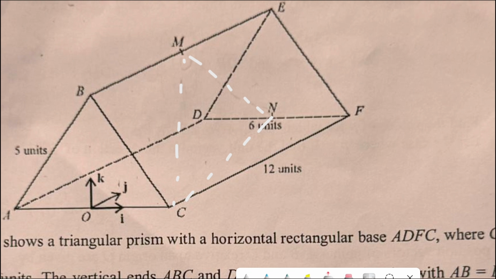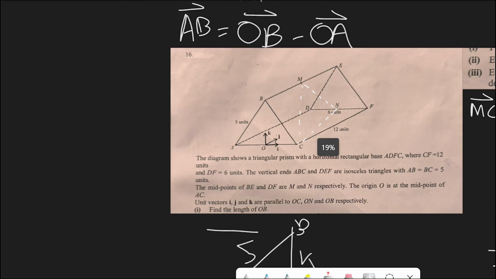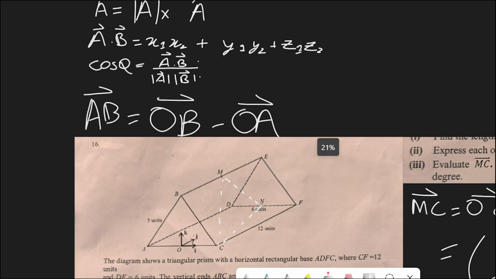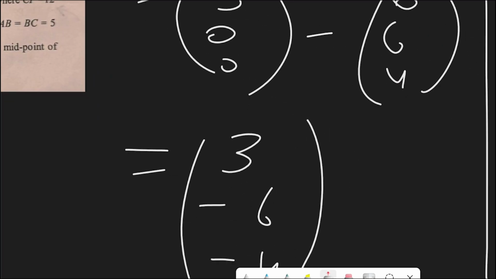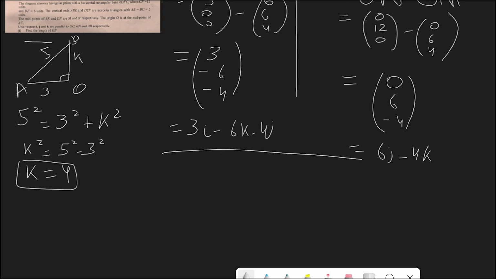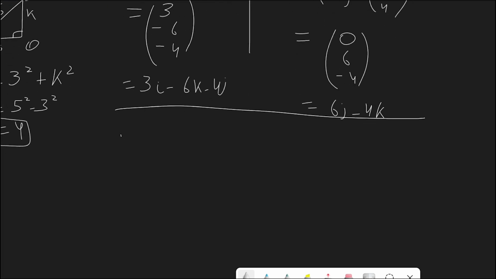So we need to basically apply the product rule. We need to calculate this angle, and the formula for it would be the cos one, cos of the angle. Let's just do it over here. First we have to calculate MC dot MN, basically the scalar product of the two.